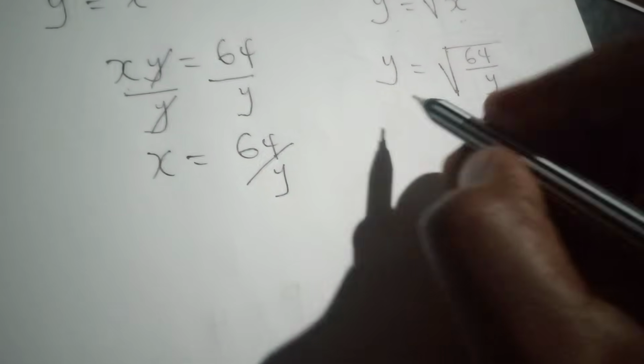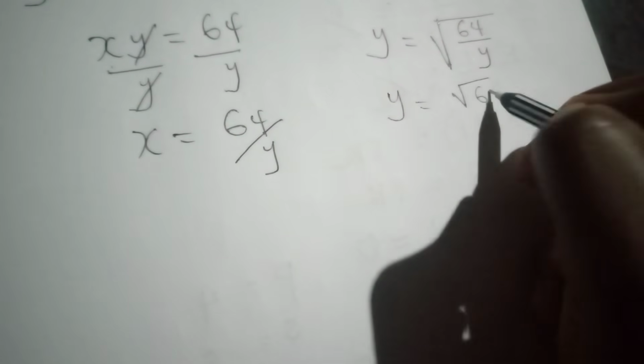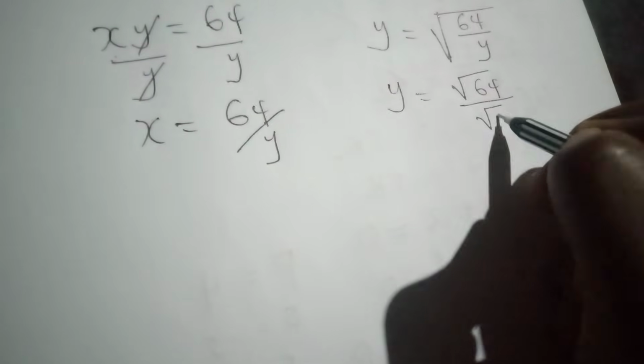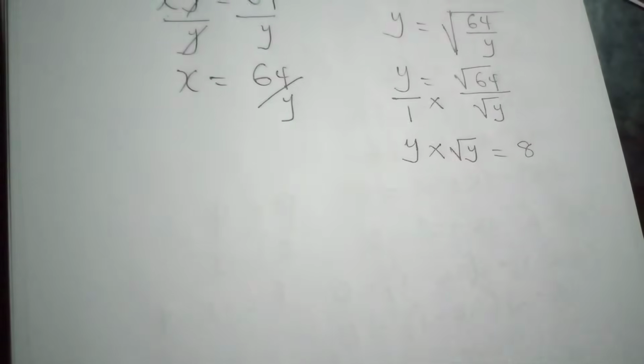So from there, y equals square root of 64 over square root of y. So that simply means, cross multiply, square root of 64, that is 8. So that is y times square root of y equals 8. So from there, y times y to the power half equals 8.